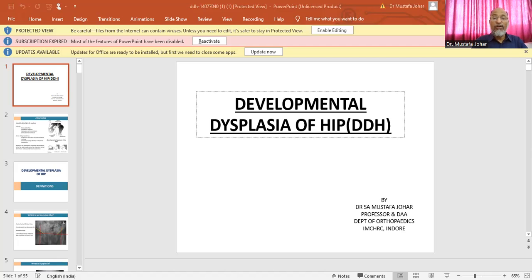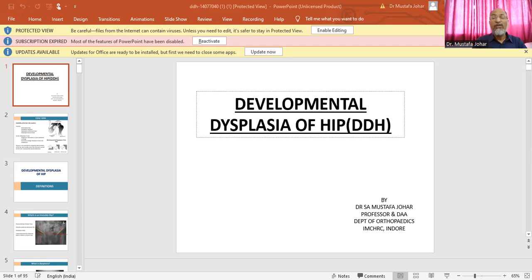You will see that it is already dislocated, and when you push it from the back with abduction and external rotation, you find that the head goes inside, and this is a positive Ortolani sign. Hold the knee and abduct the hip while lifting up on the greater trochanter. A positive sign is feeling the dislocated hip give a clunk, a kind of sound when the head goes inside the acetabulum.